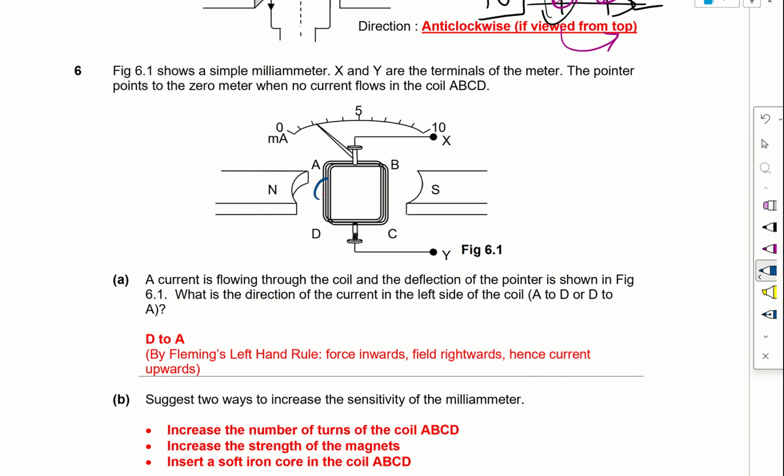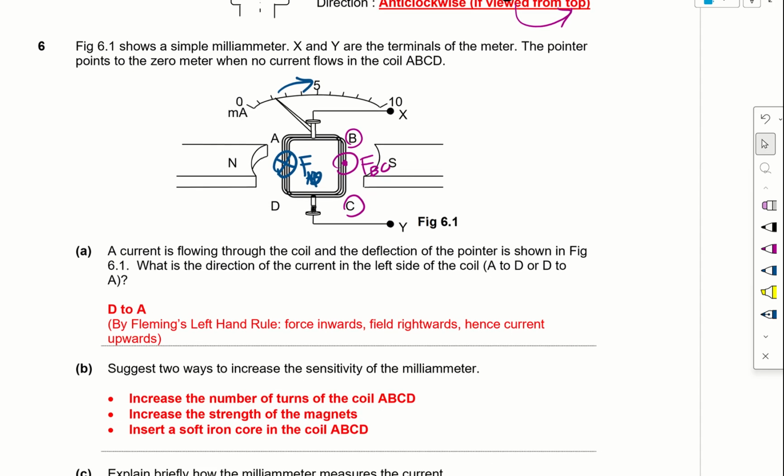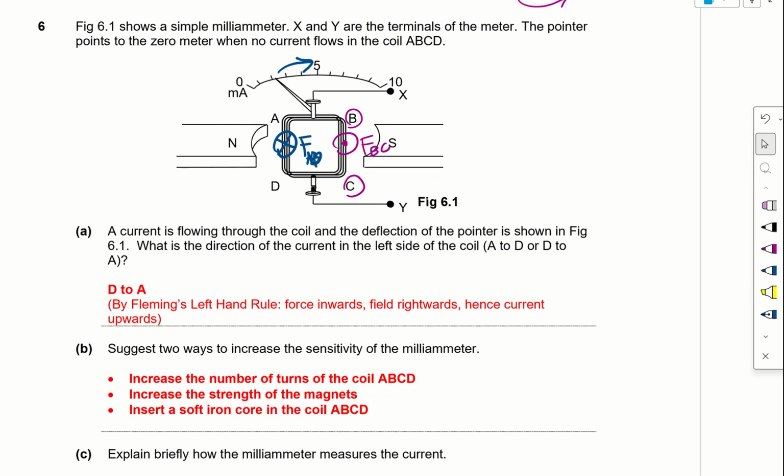Let's say it moves into the page, the force on AB, and therefore BC must be turning in the opposite direction, right? So this is force on BC. This is AD, sorry. Okay, so it will cause this pointer to rotate. Okay, so this is how it works. It is not drawn very clearly, okay, but this is how you should interpret it.